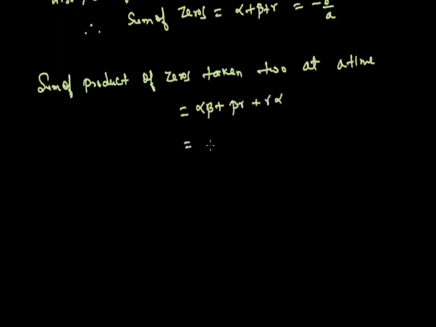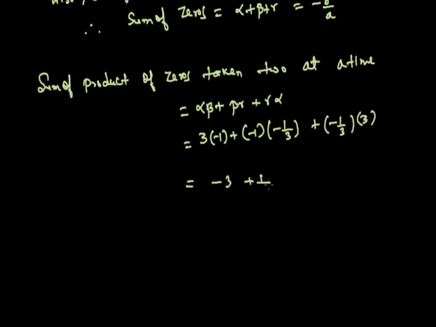Now alpha beta, 3 multiplied by -1, -1 multiplied by -1/3, and -1/3 multiplied by 3. So this is equal to -3 + 1/3 - 1. Taking LCM 3: -9 + 1 - 3. So this is equal to -11/3.